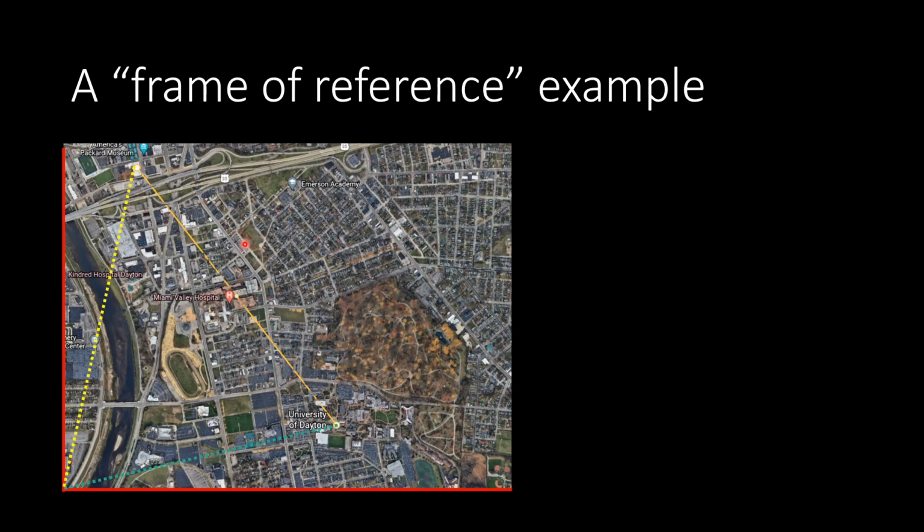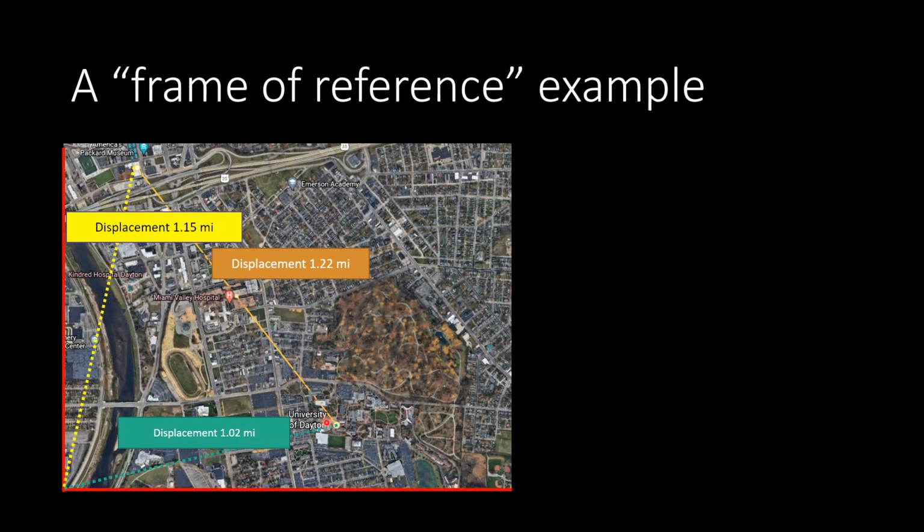This time I've measured the displacement from my starting origin to CJ, shown in yellow, which is 1.15 miles. I've also measured the displacement from the origin to University of Dayton, which is 1.02 miles, and the displacement between University of Dayton and CJ, which was 1.22 miles.